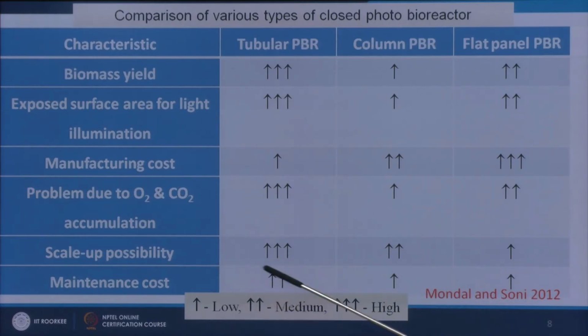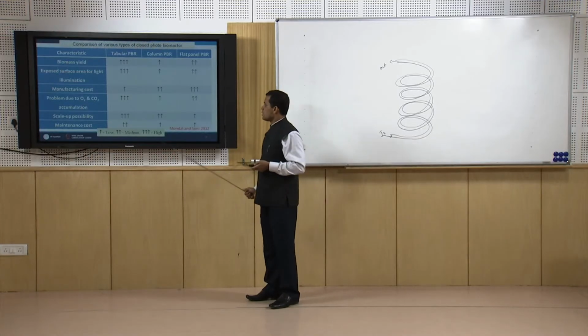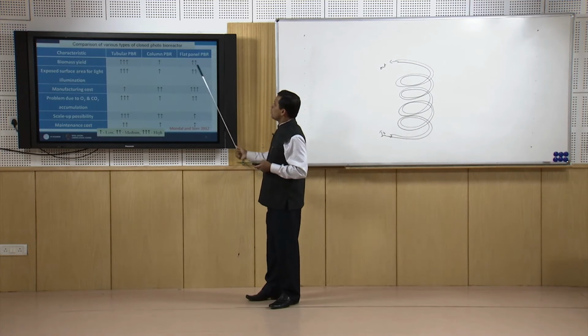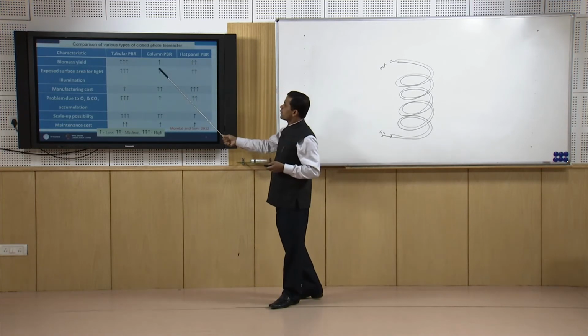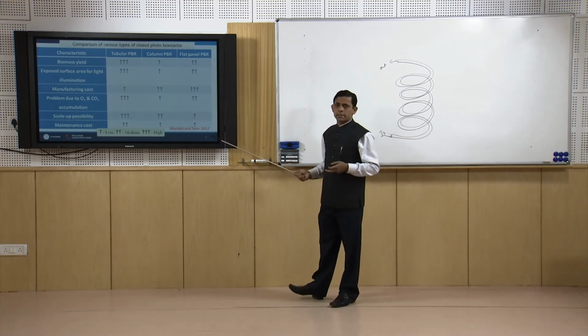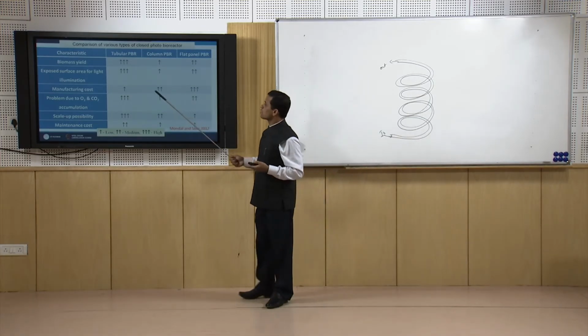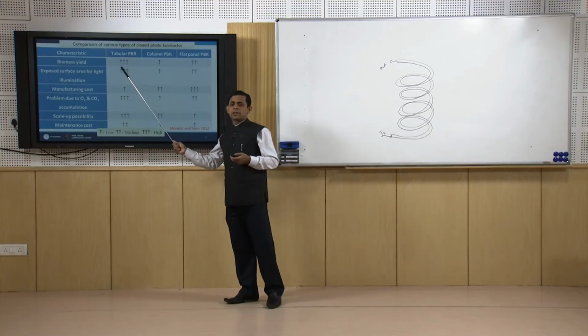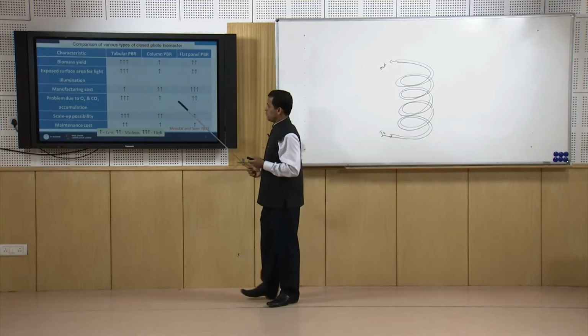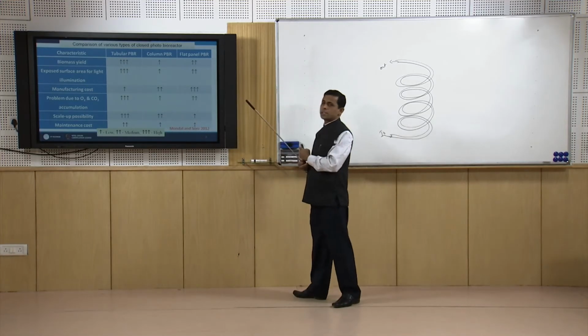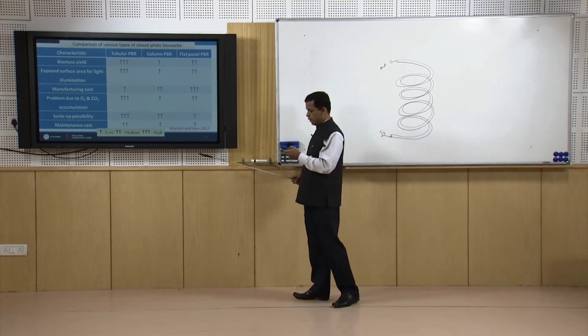Scale up possibility is also high in the tubular one, and maintenance cost is medium, but it is more than the column and flat panel. So, all those three types have their own characteristics and all are tested, but which one is the best one so far, it is not yet understood. More investigations are going on this.